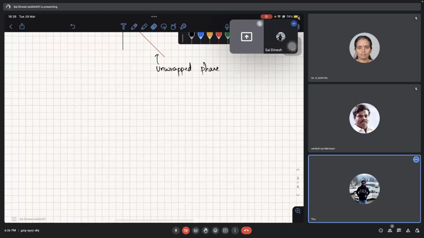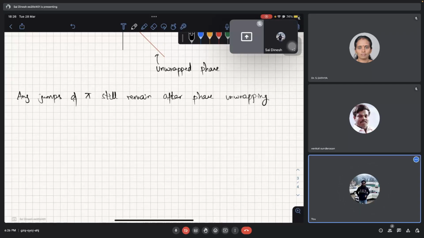So any jumps of pi still remain after phase unwrapping.